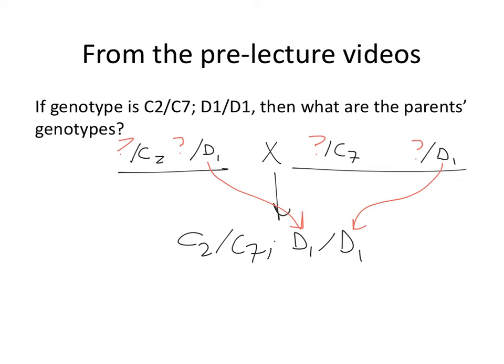Humans, dogs, chimpanzees, rats, orangutans, any species. What would we need to know to figure out if we didn't have the parents, if we had access to siblings? We need more sibling genotypes.